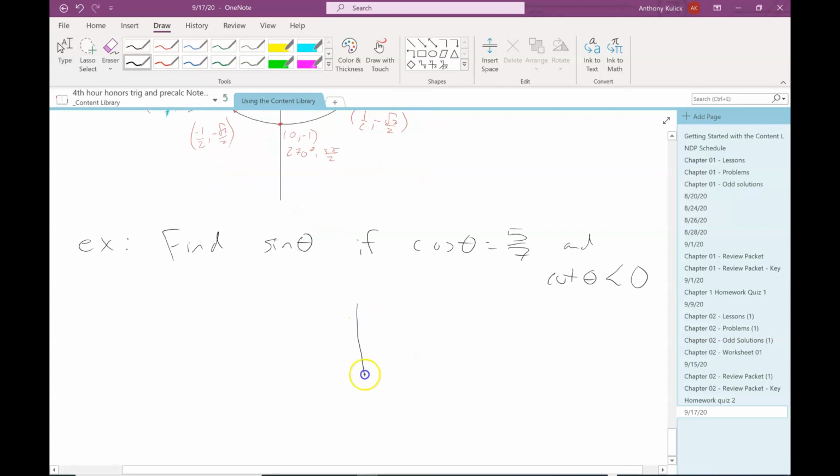Well, remember that the quadrant a point lies in, we can predict by looking at the signs of its coordinates.